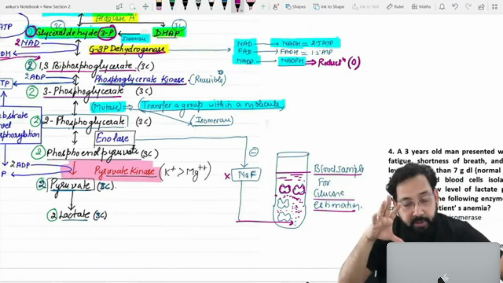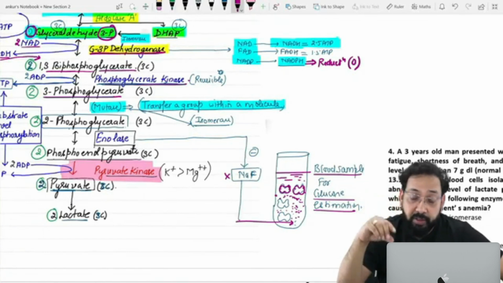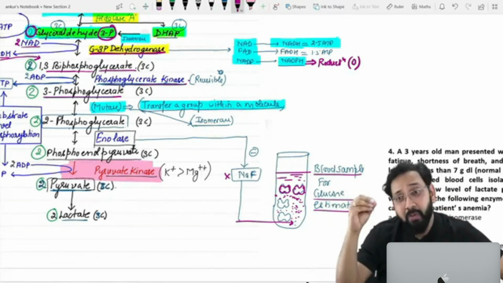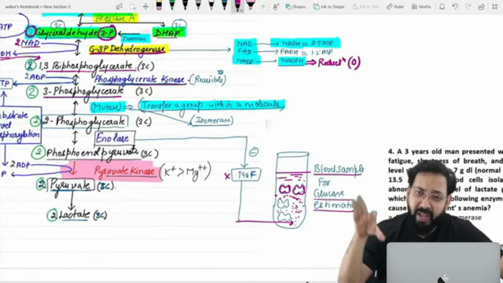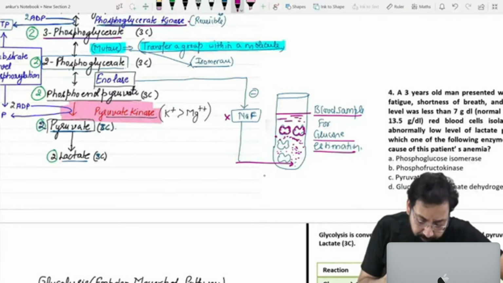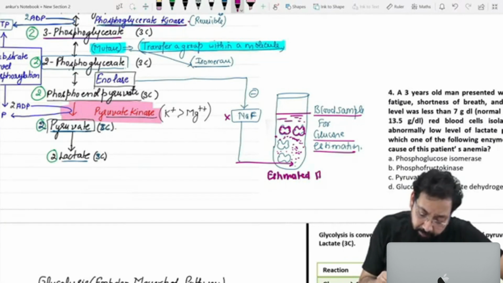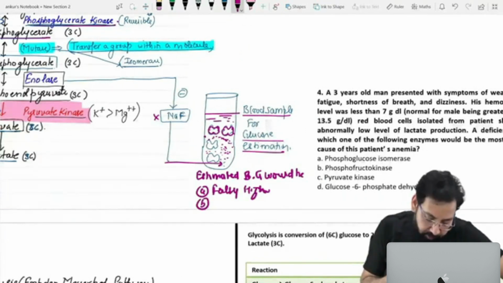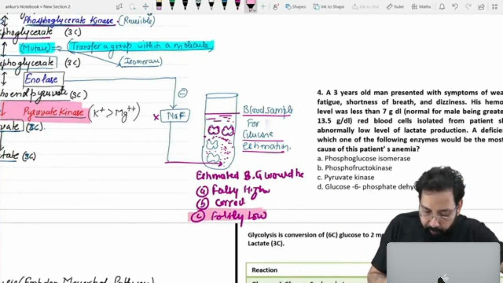He took the sample and deposited this test tube the next day in the lab. Blood glucose level was measured, and in this test tube the estimated blood glucose would be: option A falsely high, option B correct, C falsely low, because RBCs will utilize some amount of glucose.